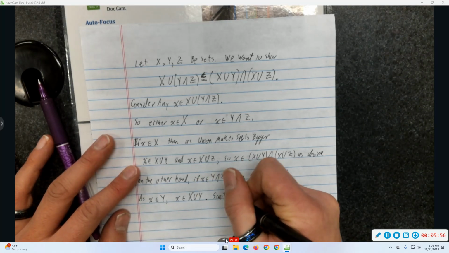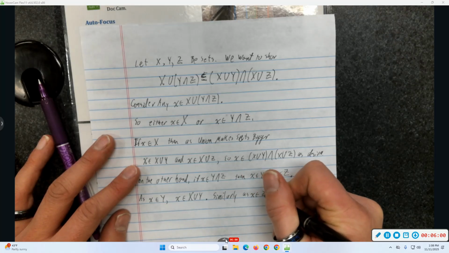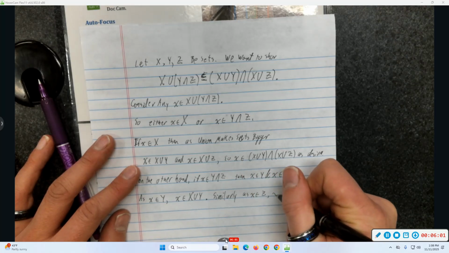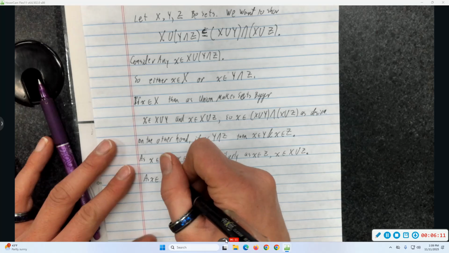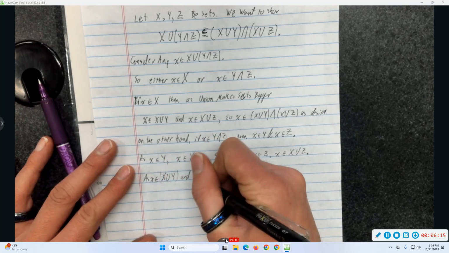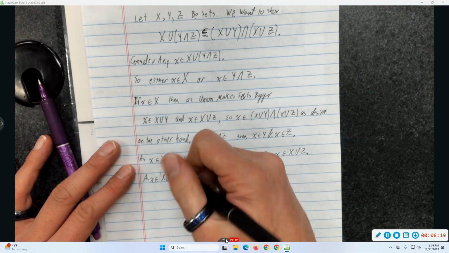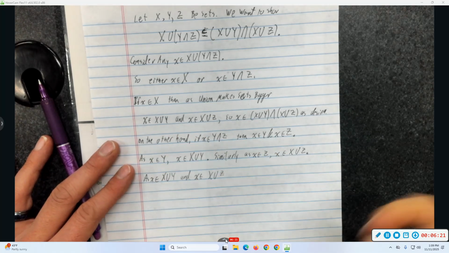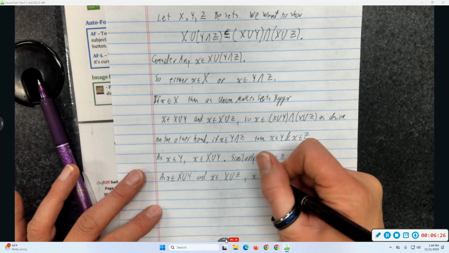Similarly, as x is in Z, x is in X union Z. As x is in X union Y, and x is in X union Z, those parentheses aren't really needed. They're not wrong, they're just not needed. Since x is in both of those sets, x is in the intersection.